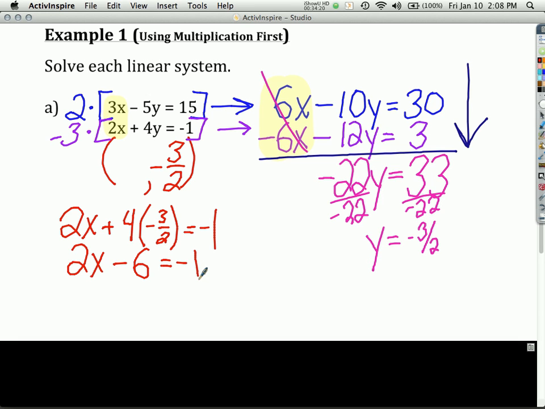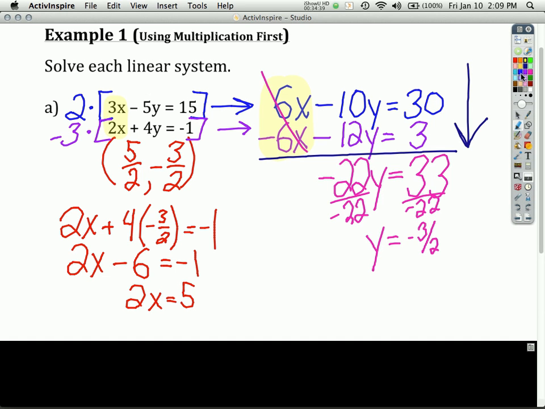It's a two-step equation. You should be an expert at it. Add 6 to both sides. We get 2x equals 5. x equals 5/2, or 2.5, either way. And so we have found the solution to the system.